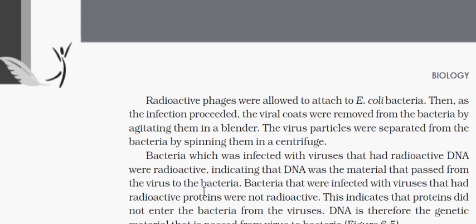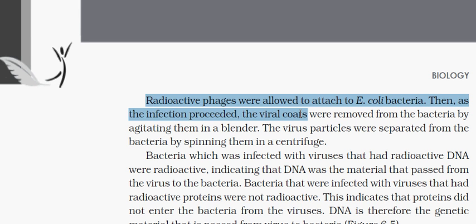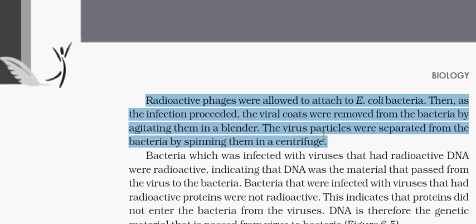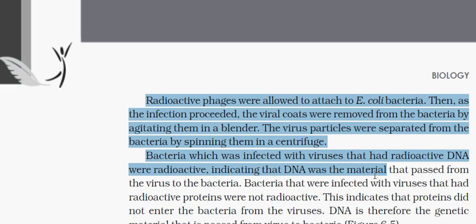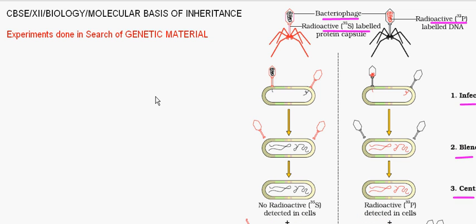Bacteria infected with viruses that have radioactive DNA were radioactive. The main thing is, after blending and centrifugation, no radioactivity was found inside the cells infected with radio-labeled sulfur, and radioactivity was found inside the cells infected with radio-labeled phosphorus-containing bacteriophages.